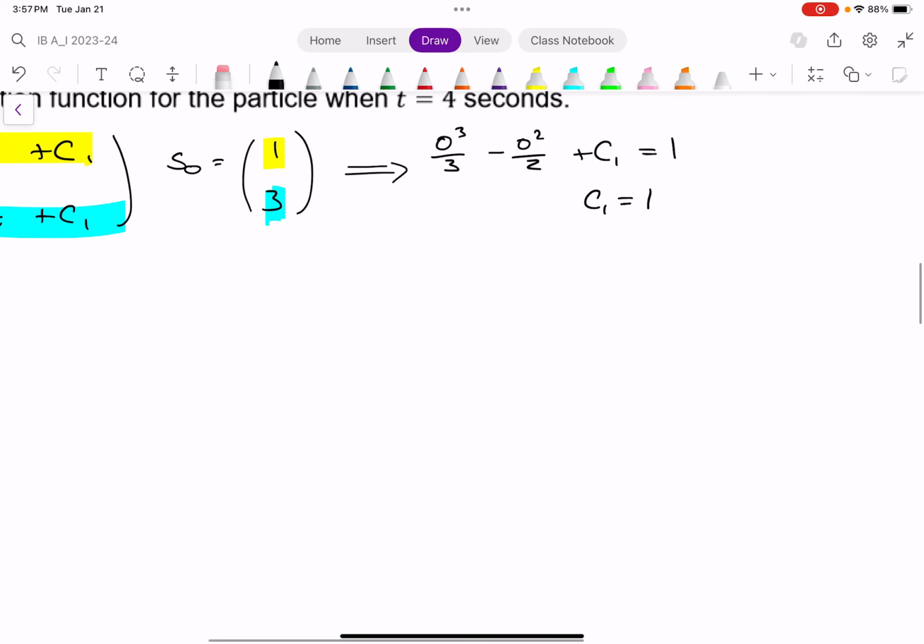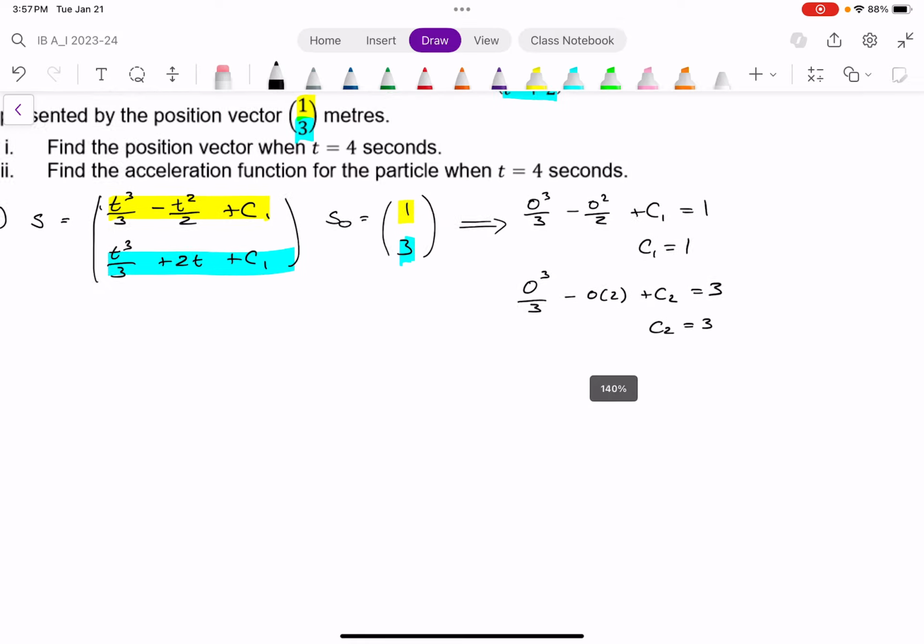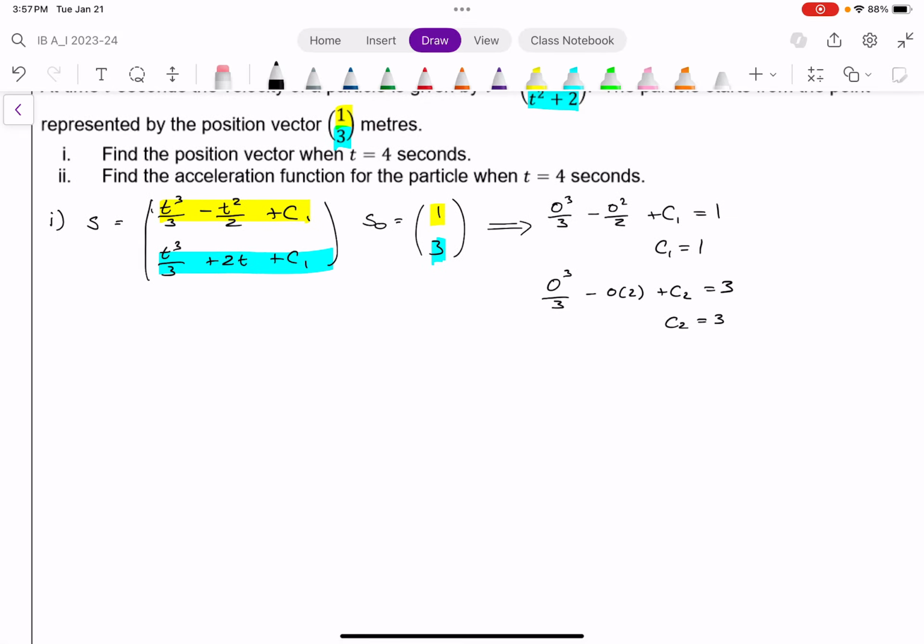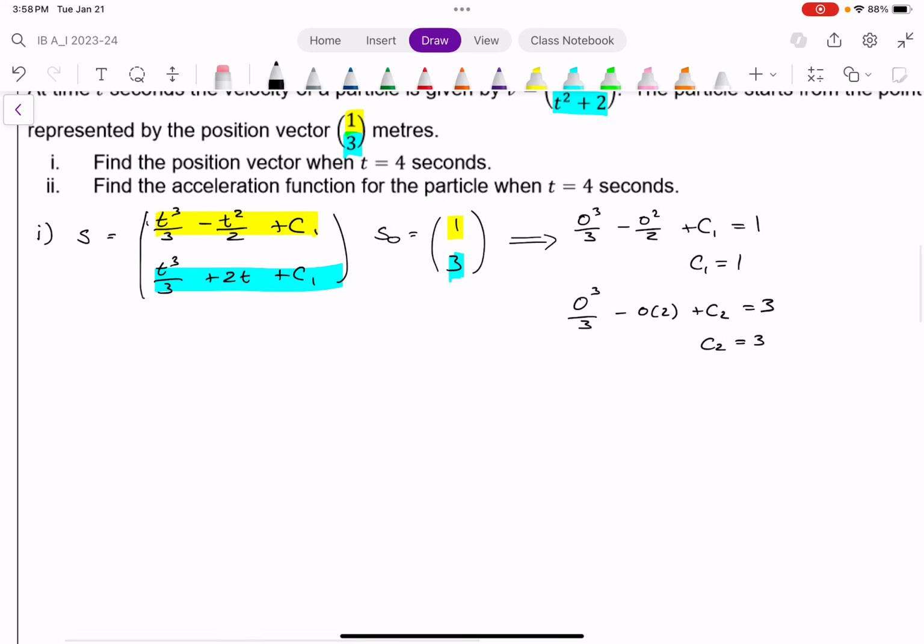And similarly for the other part, I get 0 cubed over 3 plus 0 times 2 plus some other constant equals 3. In this case, that constant must equal 3. So now I know my position vector, now I know my displacement function. It is just this here, but instead of c1, I should say c2 there. There we go. I have 1 and 3.